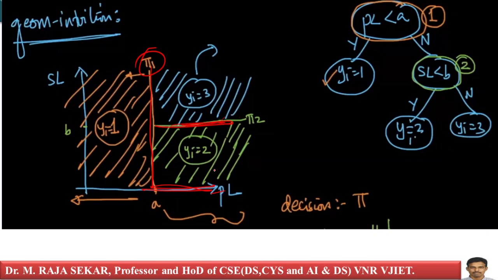So all the hyperplanes in a decision tree are axis parallel. Geometrically speaking, a decision tree is basically a group of axis-parallel hyperplanes that divides the whole region into hypercubes or hypercuboids.